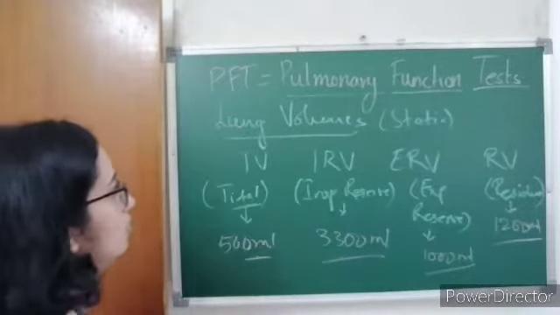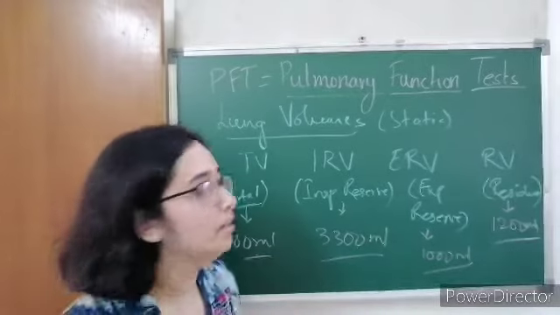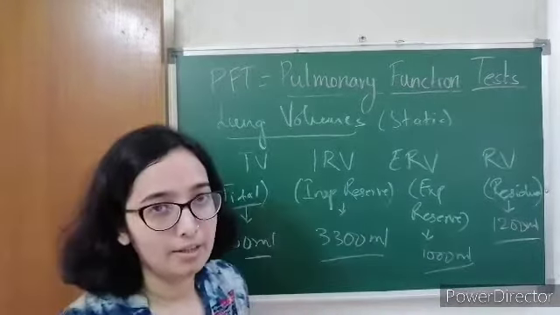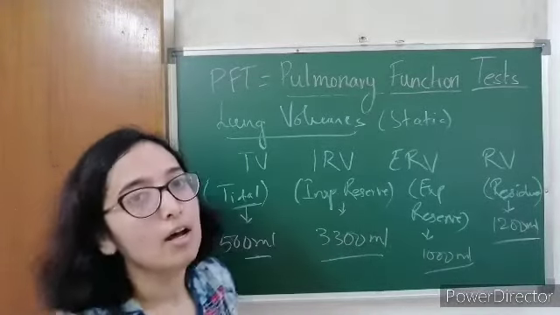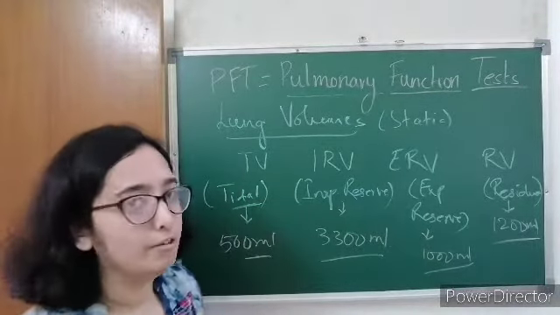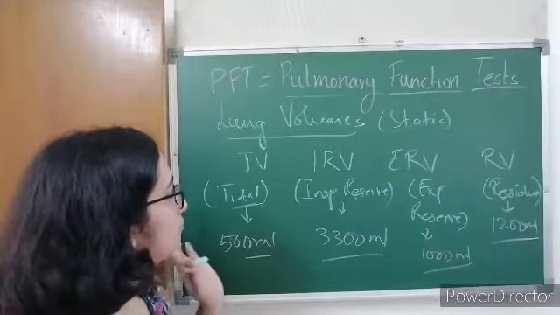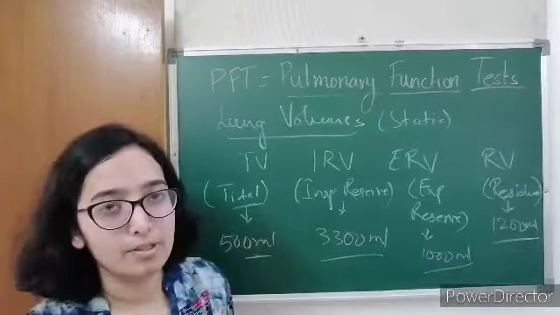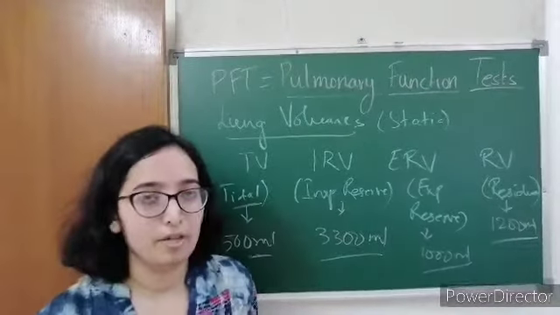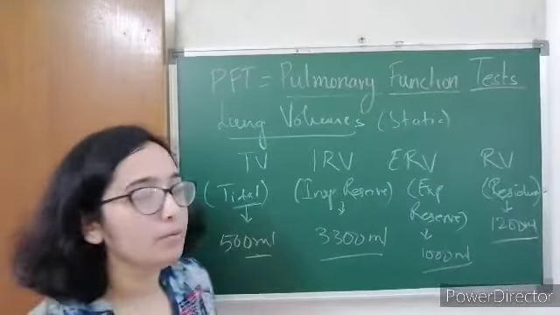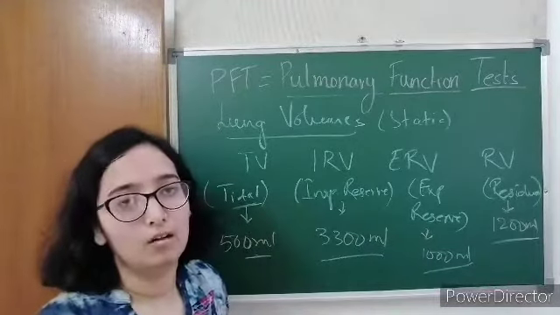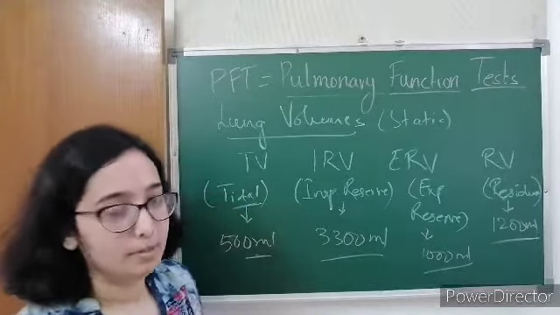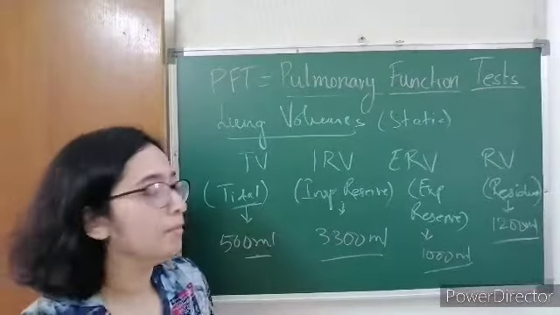So lung volumes, what we understand by lung volumes are, these are the static pulmonary function tests. That is, they measure the amount of air that is breathed by a normal individual. And there are four types: tidal volume, inspiratory reserve volume, expiratory reserve volume, and residual volume. Tidal volume is the volume of air that is breathed by an individual in normal respiration, that is 500 ml.